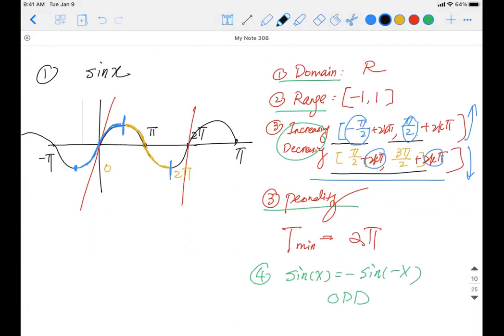Because if you take a circle and a rotation, this is central symmetric. So therefore, sin x is an odd function.